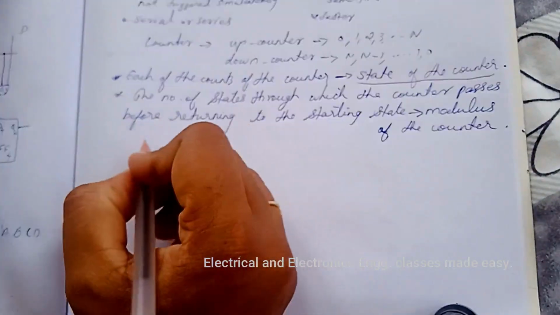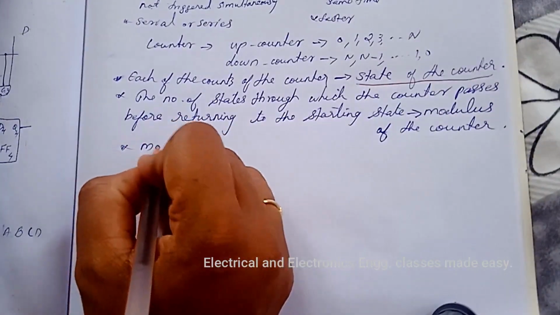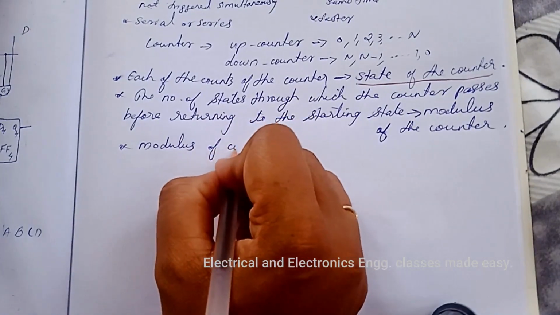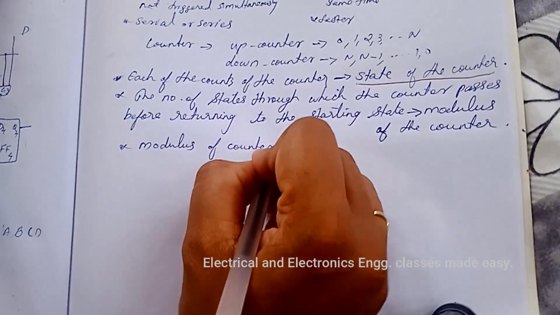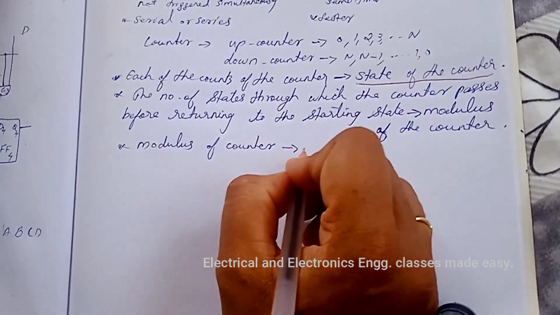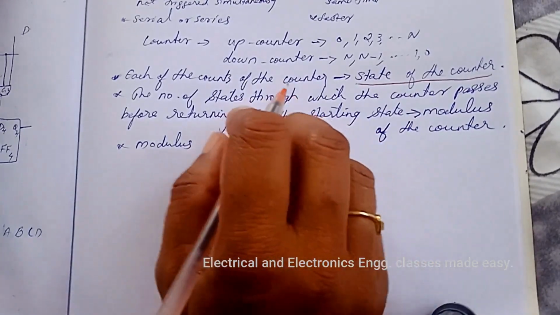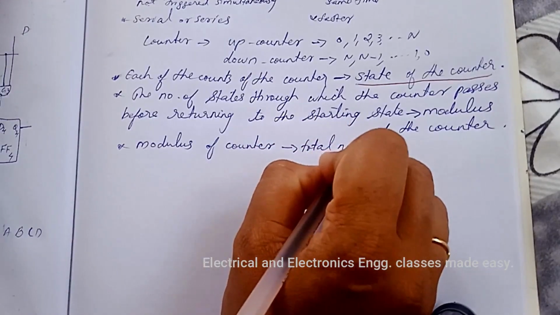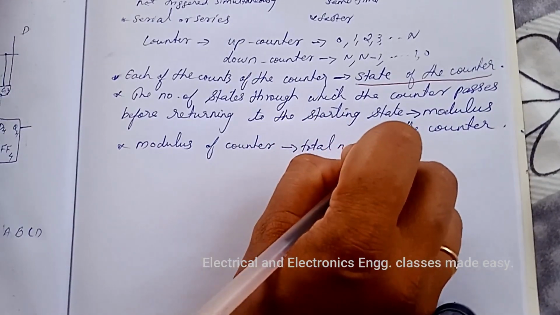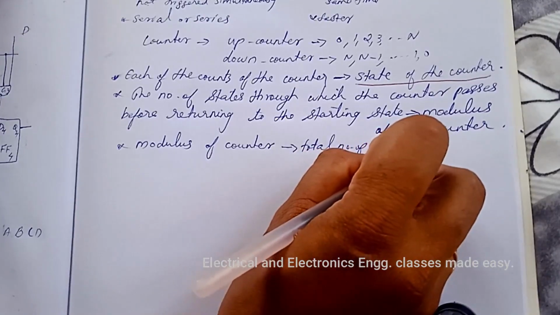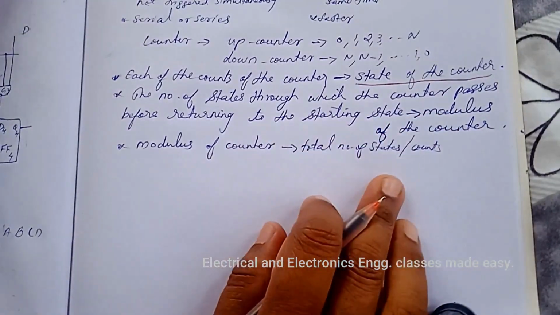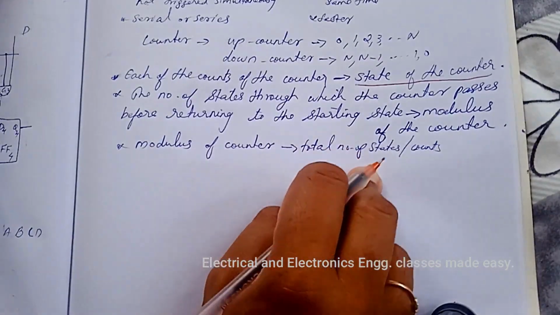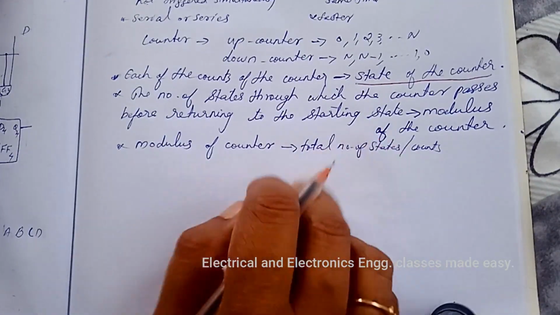Hence, the modulus of a counter is equal to the total number of distinct states or counts, which include 0, that a counter can store.